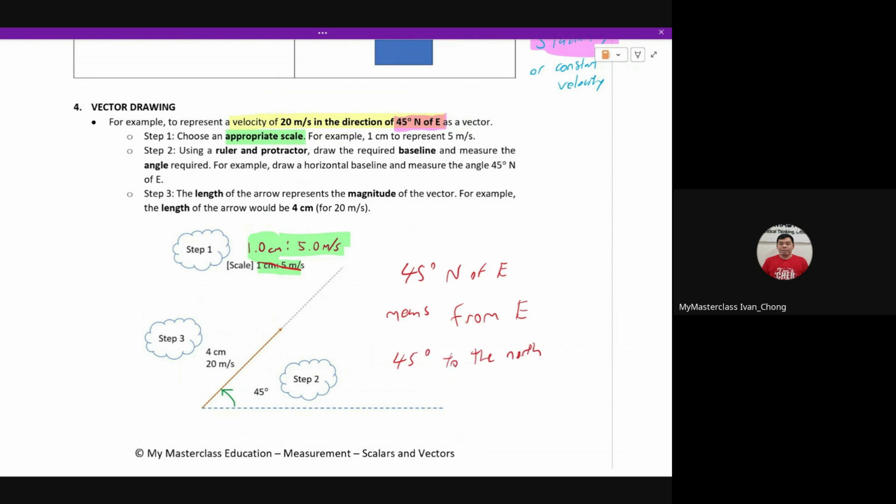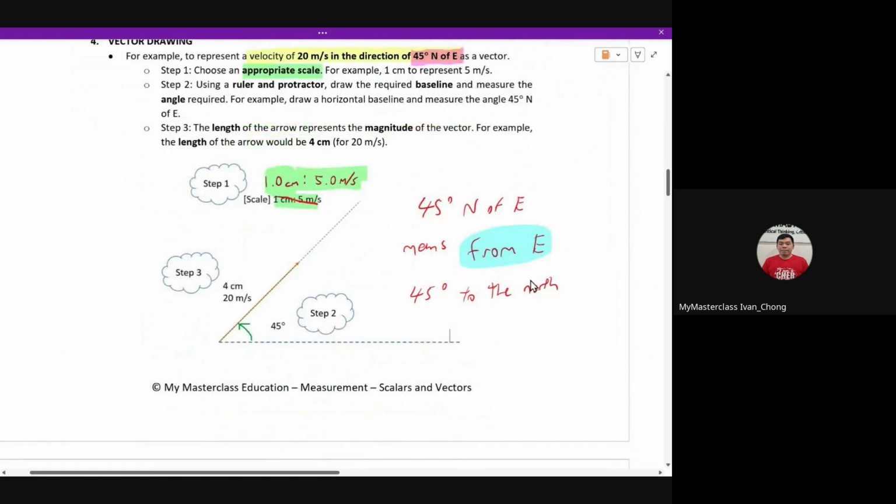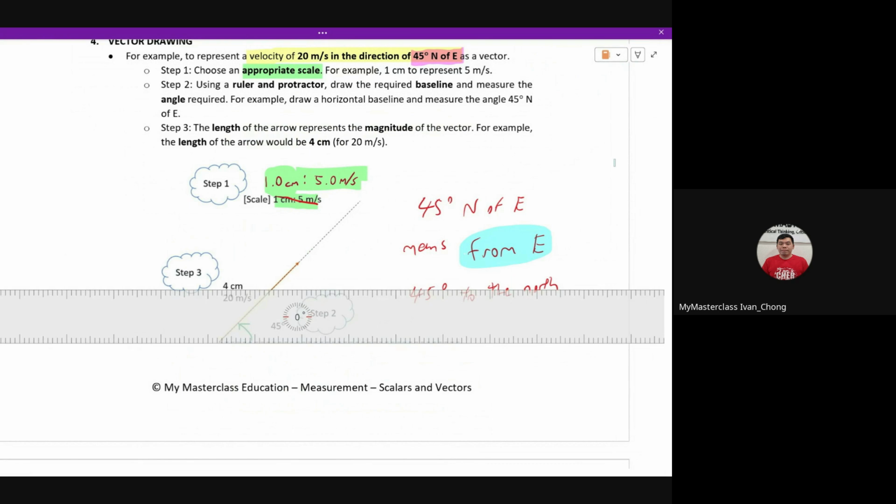So what I mean by this is, you can see that we are using from east, correct? Maybe I'll use a different color. So from east means from the horizontal line. So the very first thing you want to do is draw a horizontal line using a dotted line. Now this dotted line is not your vector, it's just a construction line to help you draw.